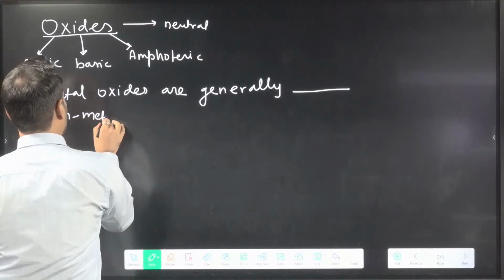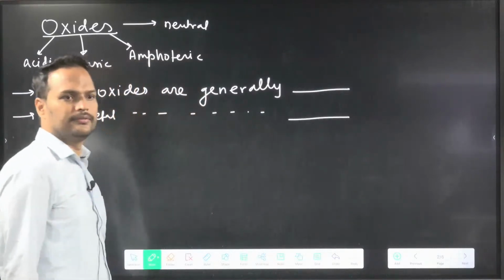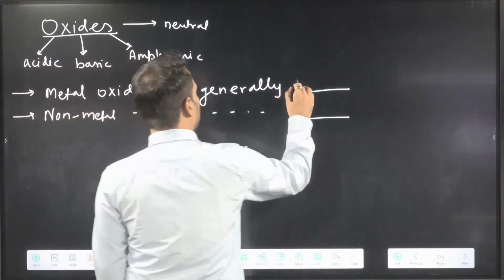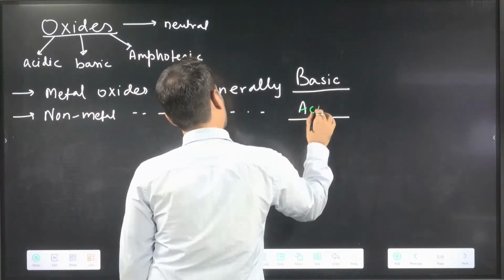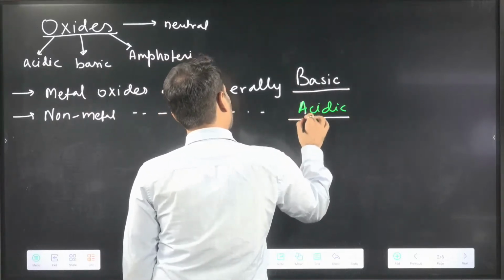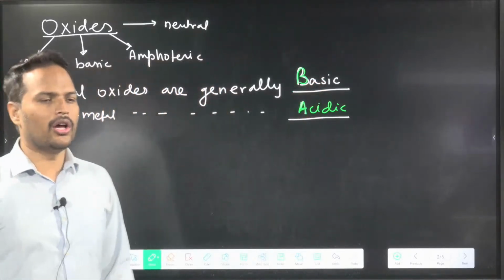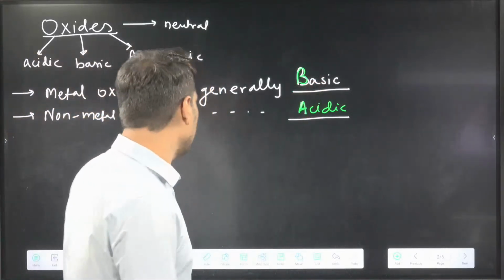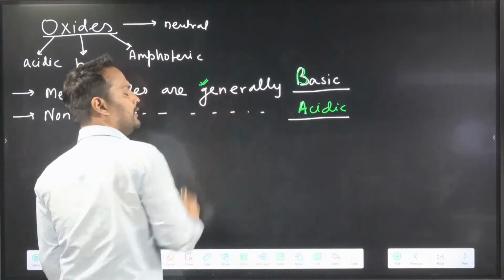Non-metal oxides are generally what? The first part is basic, the second part is acidic. So metal oxides are generally basic, and non-metal oxides are generally acidic. We write the point as "generally".